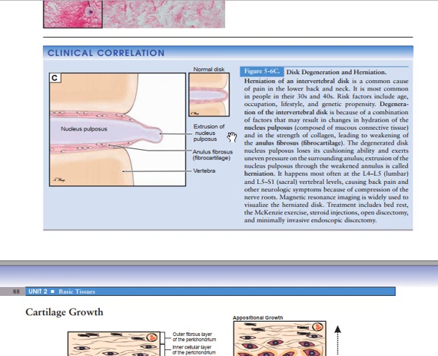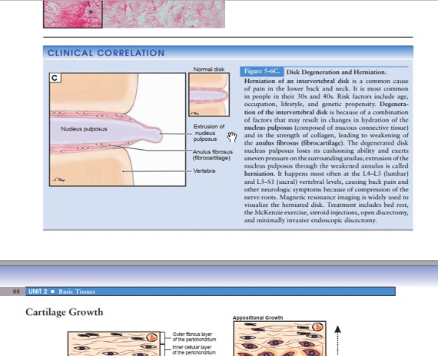When it protrudes, the nucleus pulposus is going to protrude through the annulus fibrosus, and then it's going to pinch the different nerves or even the spinal cord. That is called disc herniation. This herniation may be due to disc degeneration, that is, degeneration of the annulus fibrosus, which may occur due to age or any other injury.